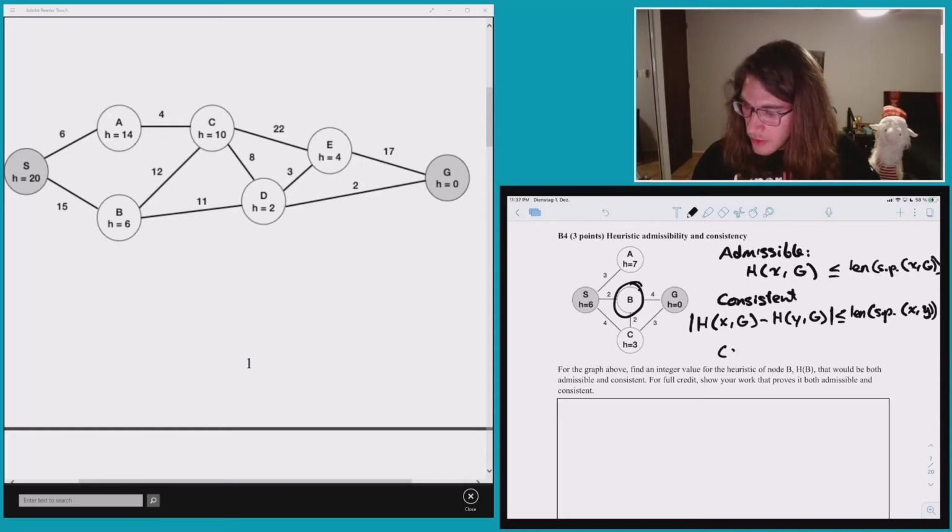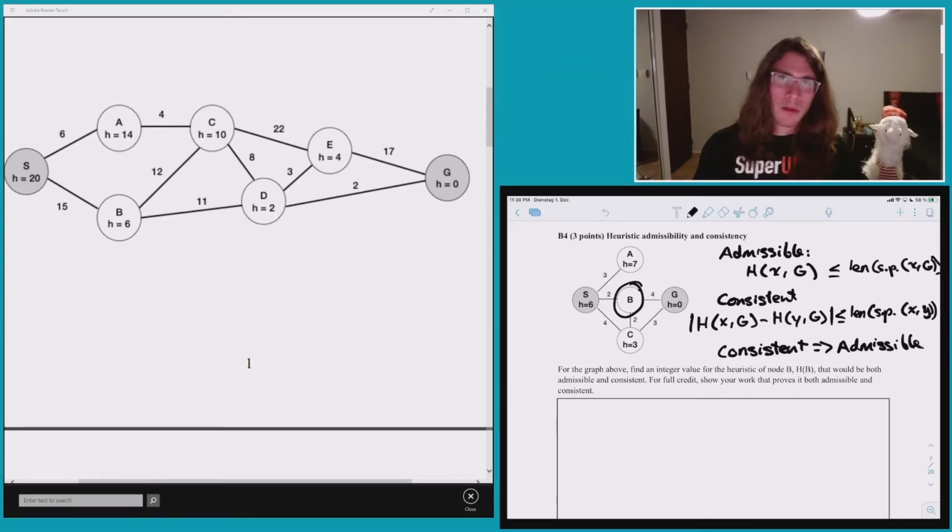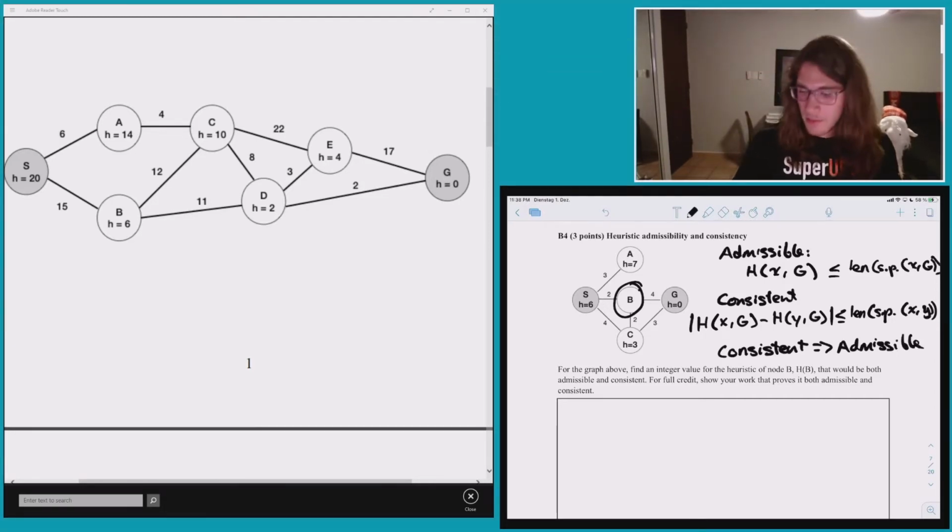Because consistent is much more powerful, graphs that have consistent heuristics also have admissible heuristics. So consistent implies admissible, but admissible does not necessarily imply consistent.